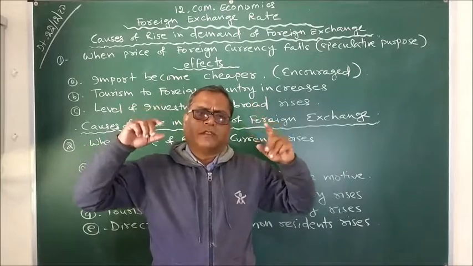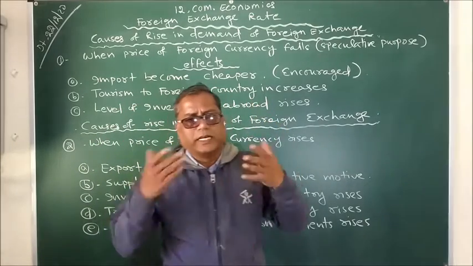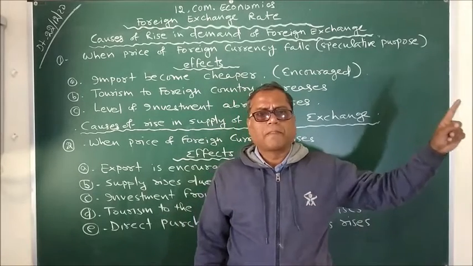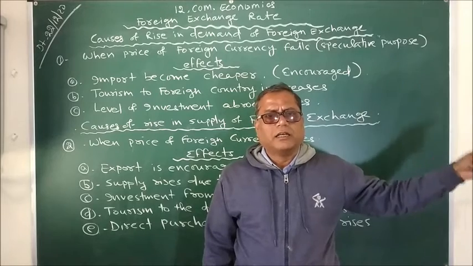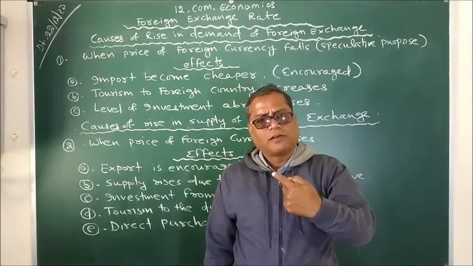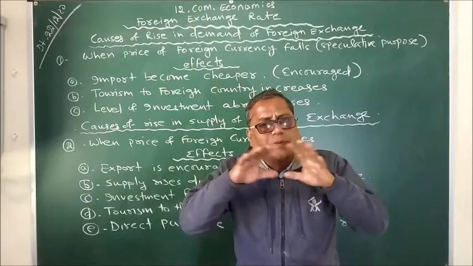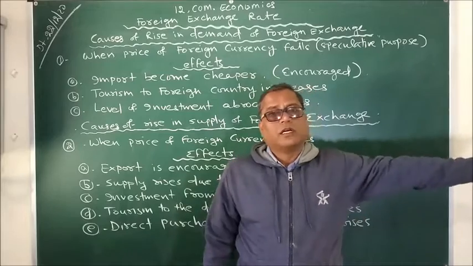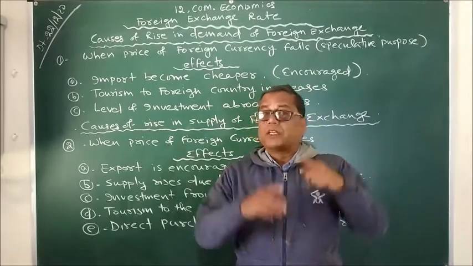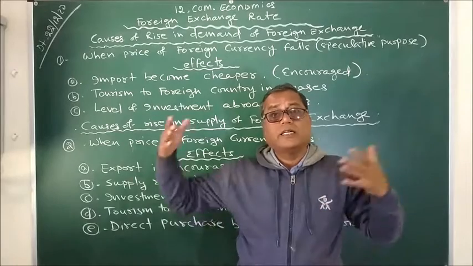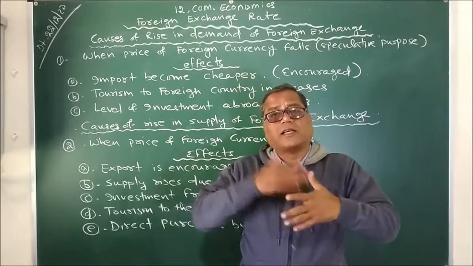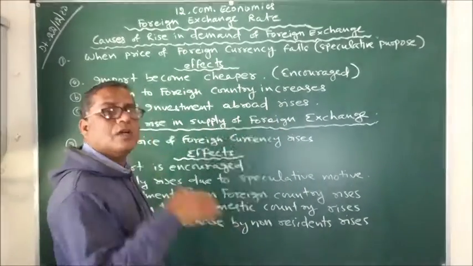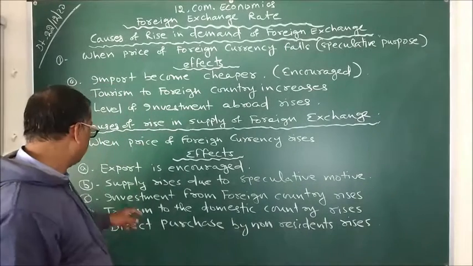Previously, the goods he was selling in the USA earned him $1, and with $1 he could get 50 rupees. Now when he exports the same good, he again gets $1, but that $1 is costlier in India now. He can exchange that $1 for 60 rupees. That's why he will be encouraged to sell more goods in other countries.